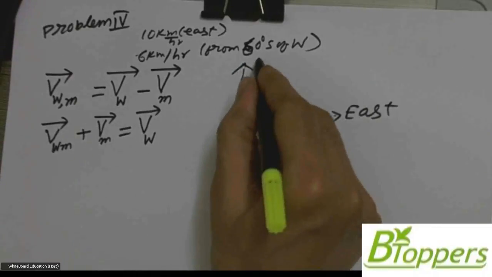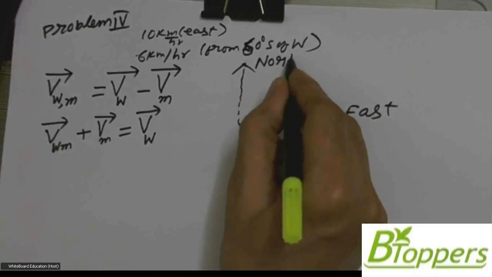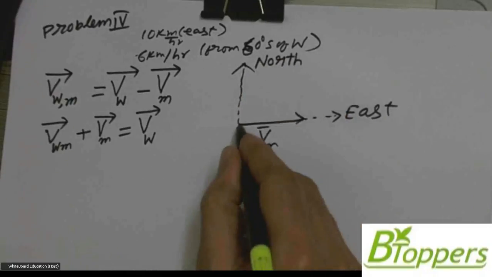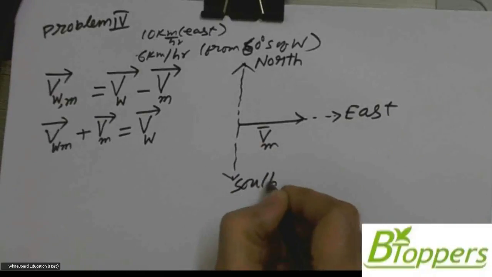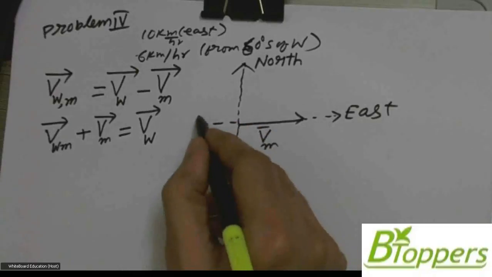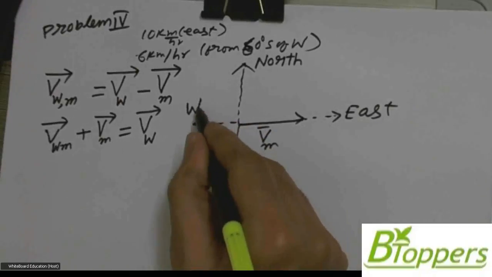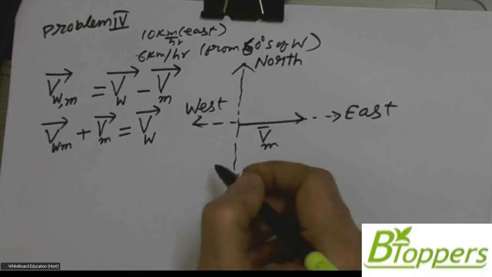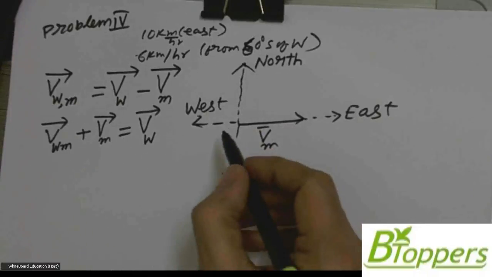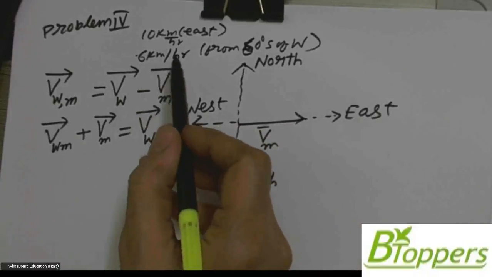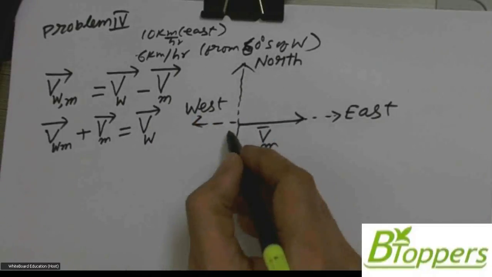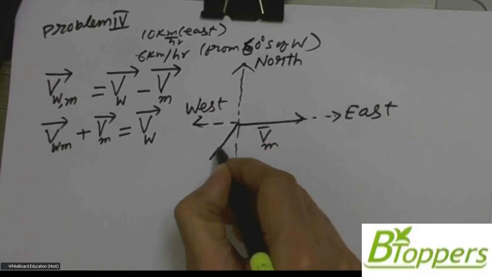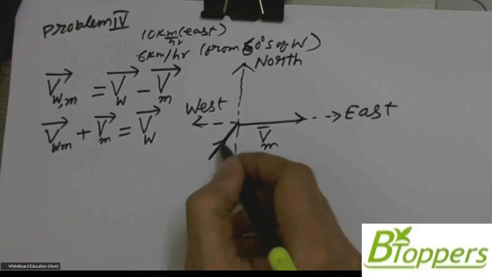The diagram is in the horizontal plane. The velocity of the wind with respect to the man is 6 km per hour from the direction 60 degrees south of west. Not along this direction. From this direction means it is like this.